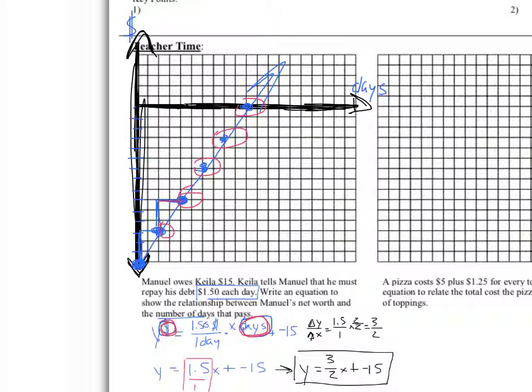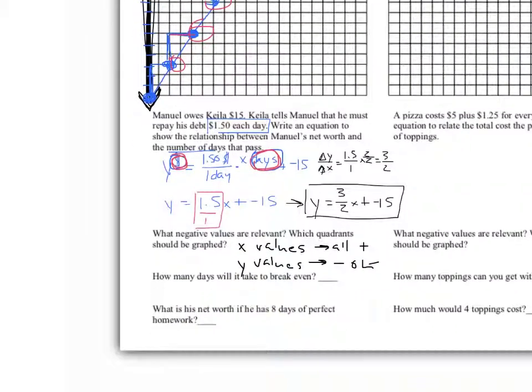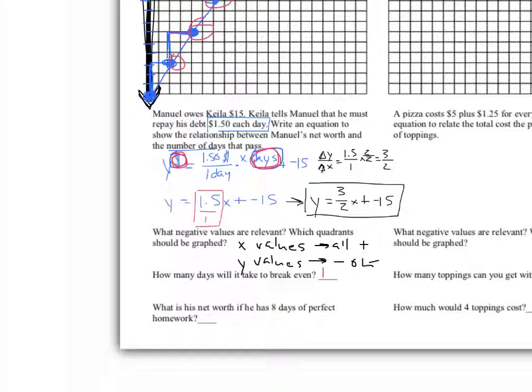So it's 10 because we can count it right here on the line. 1, 2, 3, 4, 5, 6, 7, 8, 9, 10 days until the line crosses the 0 point. 10 days.